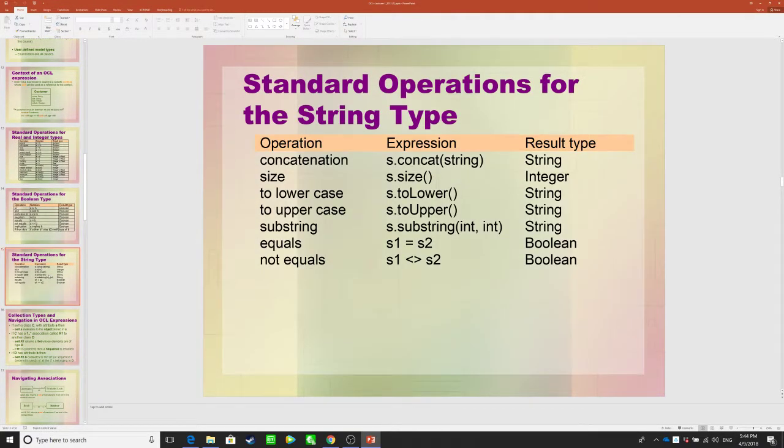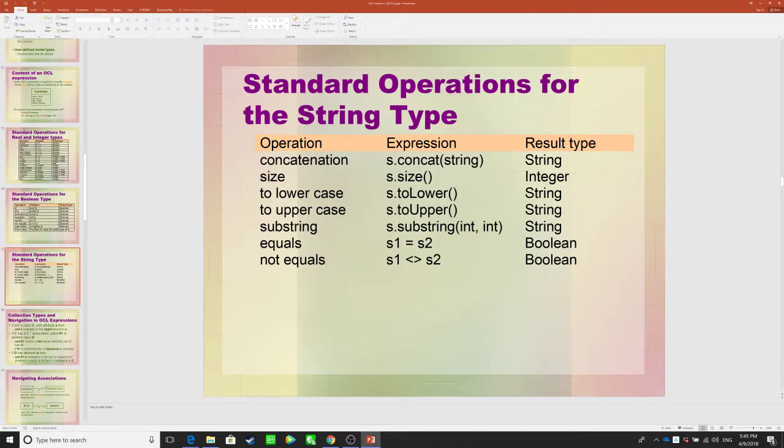Also, we have some standard operations for the string. Okay, a string concat, like connecting those two strings, size, to lower, to upper. It's pretty similar to a programming language, maybe Java, C#, pretty close to that. Substring means you give a starting index and the end index and take that section out from a string.